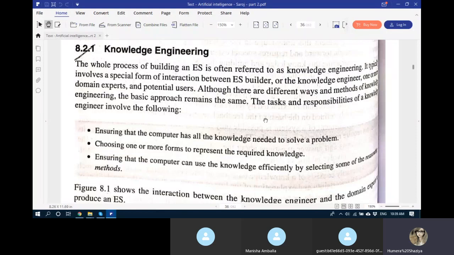It means you are creating knowledge. Engineering is nothing but developing, constructing, or creating something. When I say software engineering, you are creating a software program. When I say civil engineering, you are creating some sort of buildings, apartments, malls, and various other kinds of buildings.